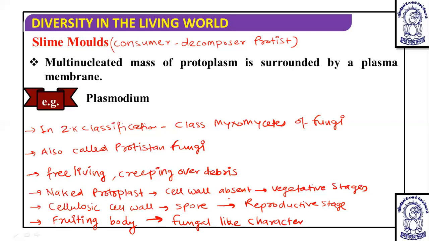In vegetative stages the cell wall is absent, which is an animal like character. In reproductive stages the cell wall is present, which is a plant like character. This means slime mold forms a link between plant, animal and fungi. I hope you are getting these points about the slime mold.